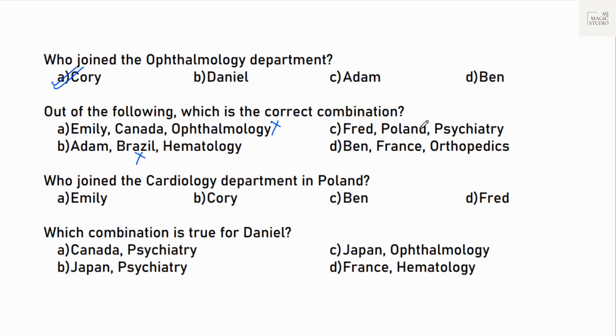F, Fred is going to Poland with the cardio. Ben is going to France with orthopedics. You have the solution with you. Who joined the cardio? Cardio is joined by F, that is Fred. And which combination is true for Daniel? Daniel is going to Japan with psychiatry, option B. So once you have that, you can find these answers in no time, isn't it?